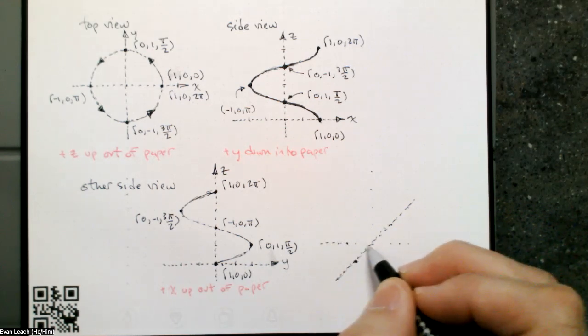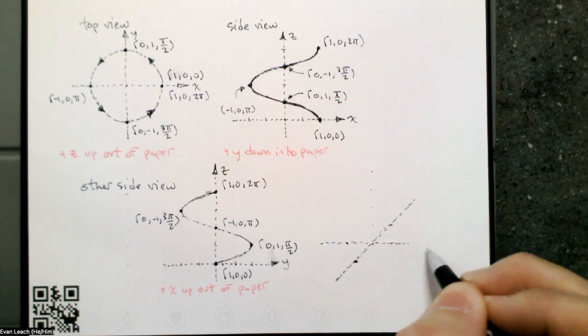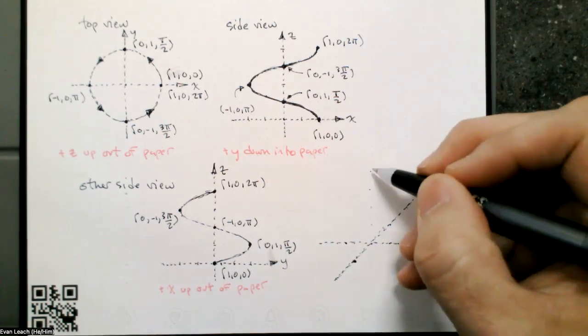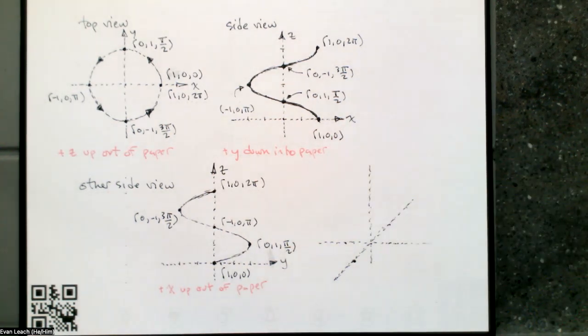But once we are on this curve, we have three coordinates. There's an x, a y, and a z. But as far as the path is concerned, there's only forward and backward along the path.